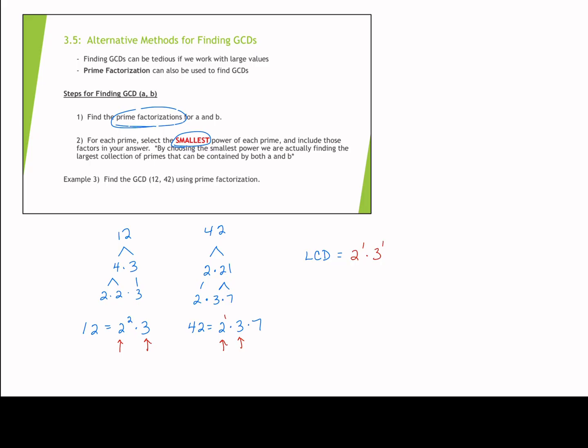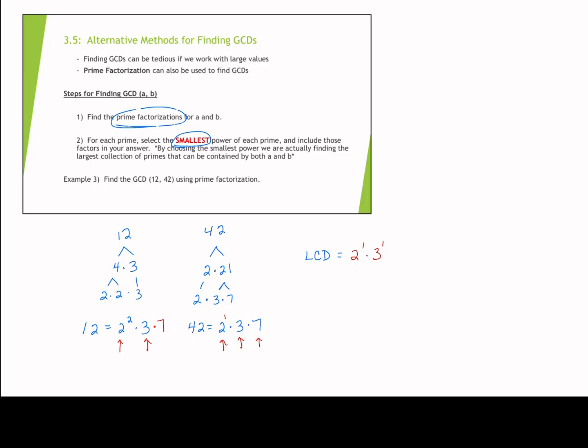Now be a little bit careful with 7. What I want you to recognize is that 7 is a prime number that we have when we factor 42, but I don't see a 7 when I look at the prime factors for 12. This is where you need to imagine that 7 is actually one of those prime factors for 12, but we have to be careful because if I say, yes, multiply that by 7, I'm changing my result.